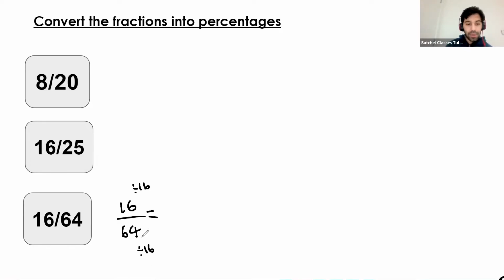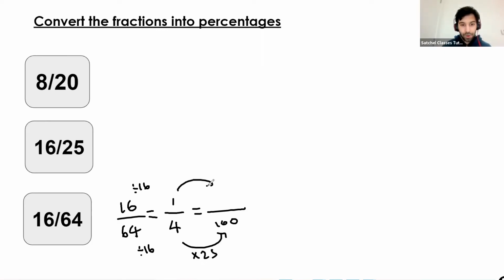So what I'll end up with is 16 divided by 16 is 1, and 64 divided by 16 is equal to 4. Now I have a quarter. Now hopefully you should be able to know that a quarter is always equal to 25%. However, the reason behind that is that if we were to multiply 4 by 25, we would have to multiply the 1 by 25. What we'll end up with is 25 over 100, which is equal to 25%.